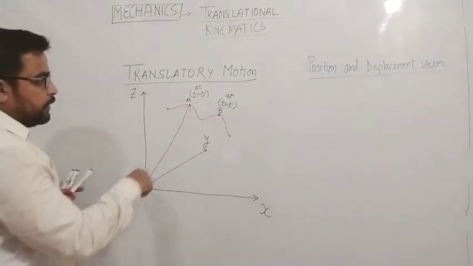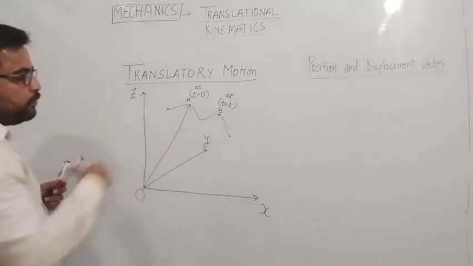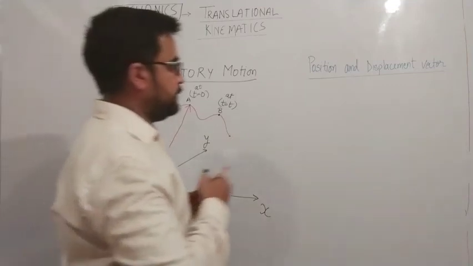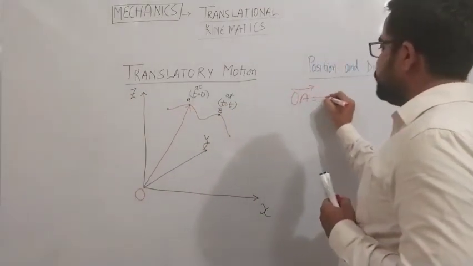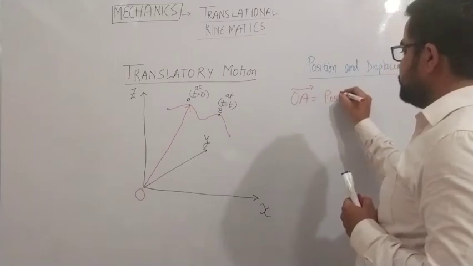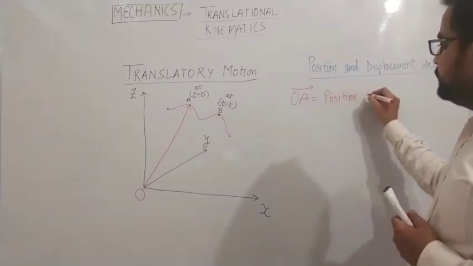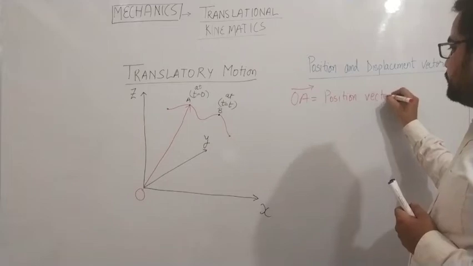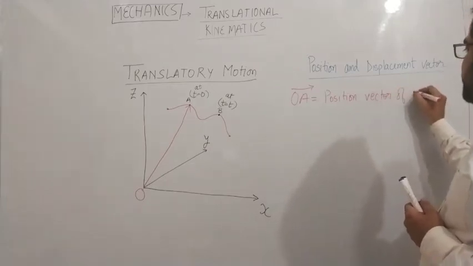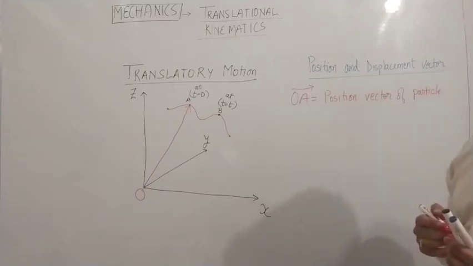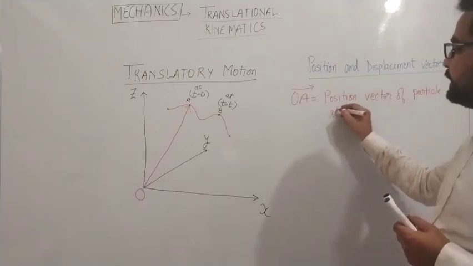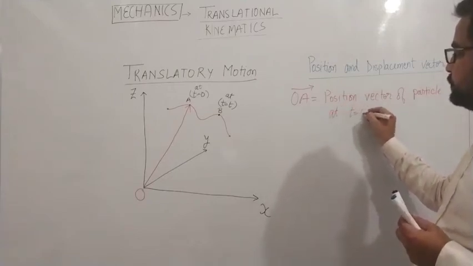So now vector OA is the position vector of the particle at time t is equal to 0.